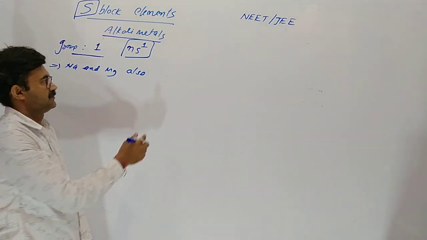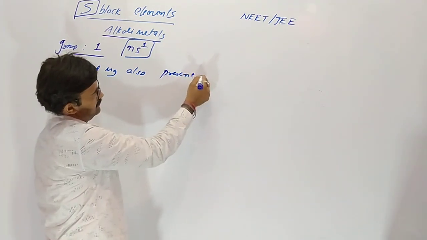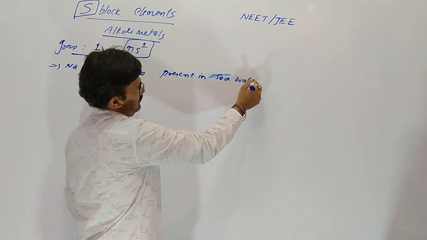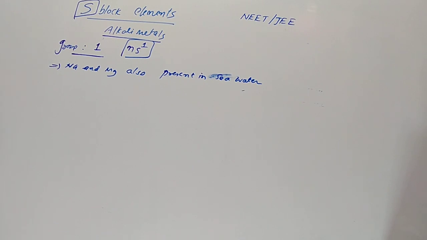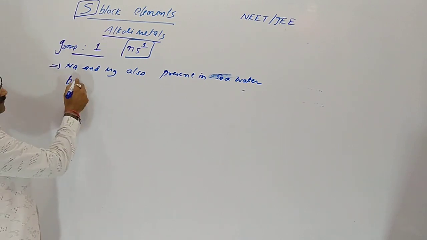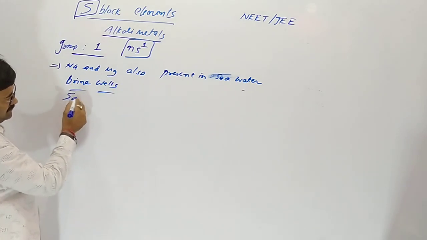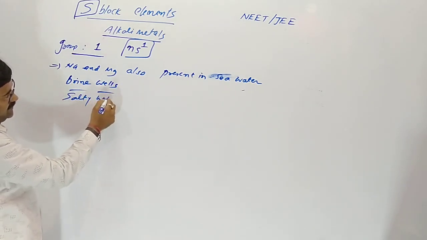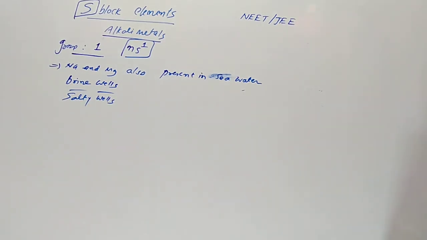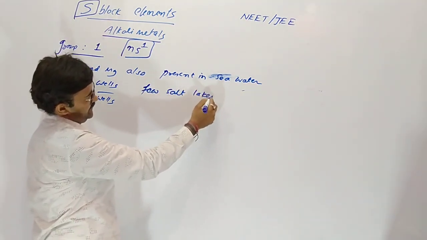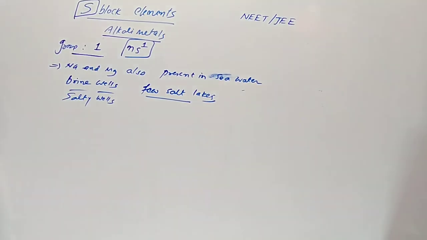Brine means salty wells. Then a few salt lakes: it occurs in salty lakes.